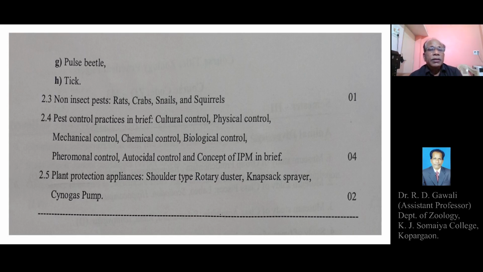So these are the three kinds of plant protection appliances or pesticide appliances, namely shoulder type rotary duster and knapsack sprayer, which are usually used for dusting and spraying of the powder and liquid pesticides respectively, and cyanogas pump, which is another kind of plant protection appliance that can be employed only for fumigation. It is difficult to apply fumigants in the field.